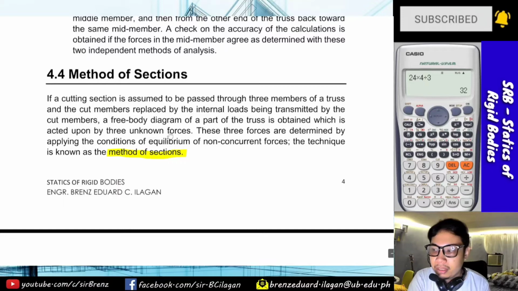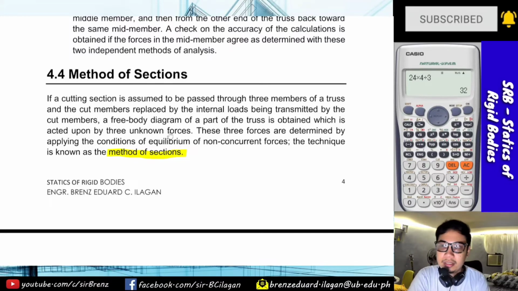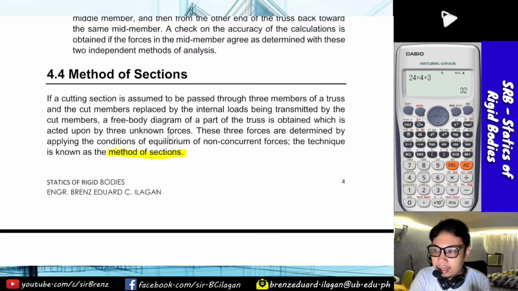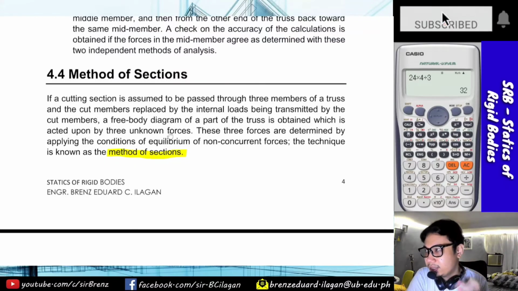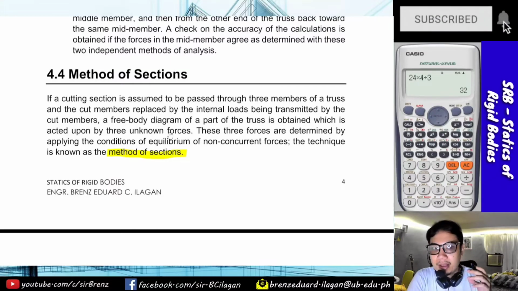So from the term itself, sectioning method, what happens there, guys, is you determine a section line where you cut through three members. Okay?